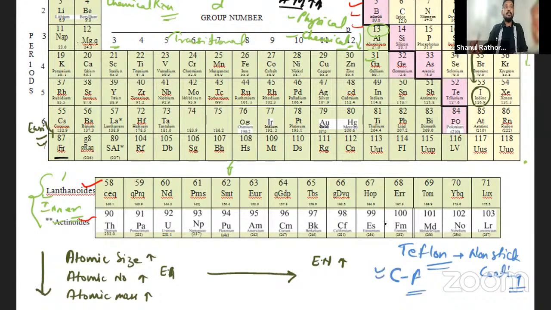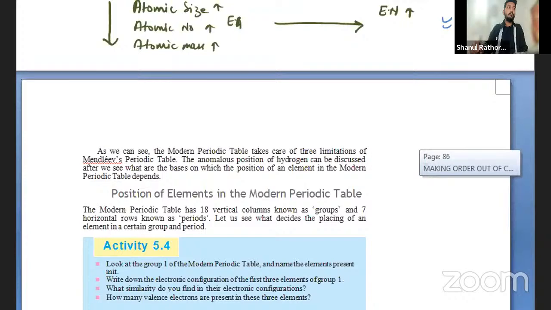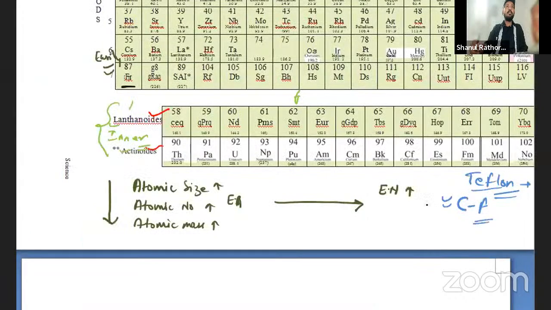Accidentally, when scientists were forming different kinds of compounds, they discovered that non-sticky coating known as Teflon. And this Teflon does not stick with any other element. So how is the Teflon applied on the non-stick utensils that we use in daily life? The process is very simple.